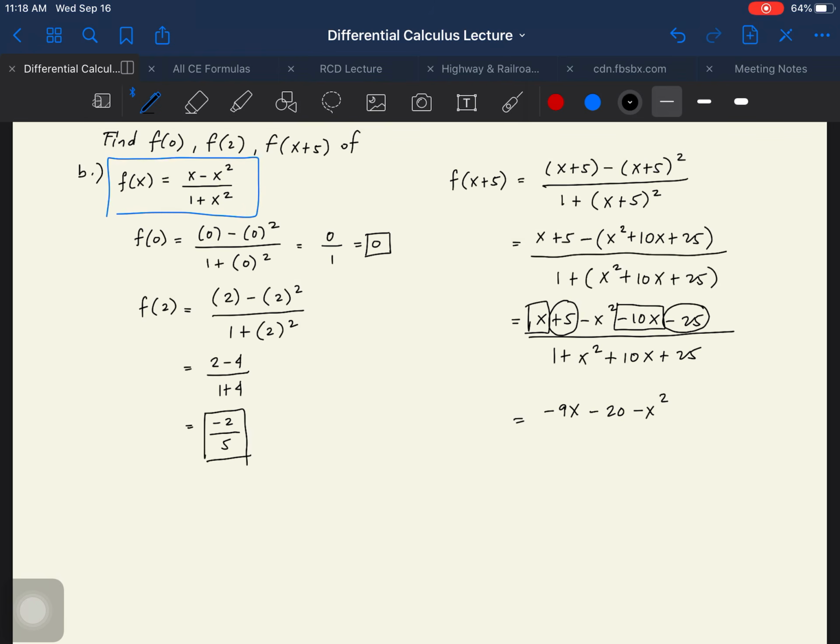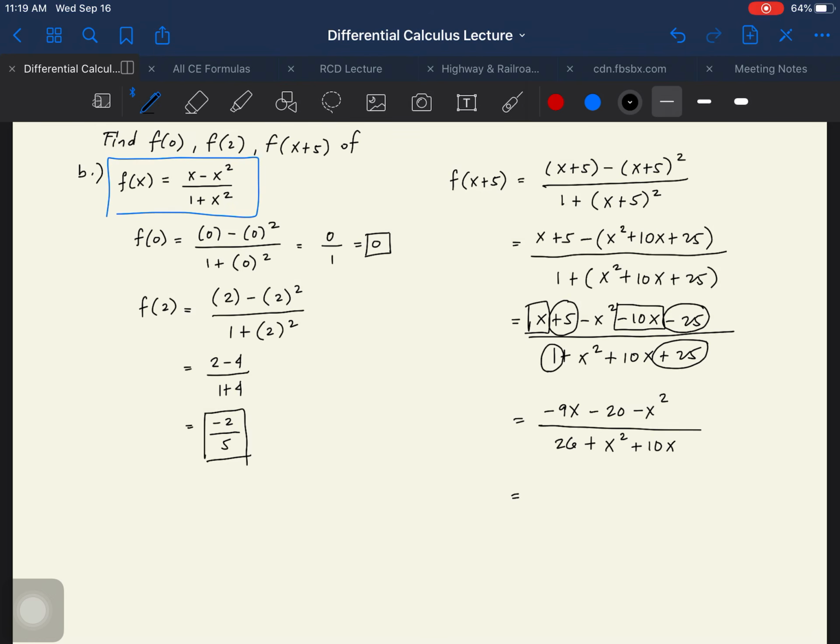Then, lastly, we have x squared over 1. So I used circle for the constant. So I'm using circle also for the constant in the denominator. So 1 plus 25 is 26 plus only 1 x squared, then only 1, then x.